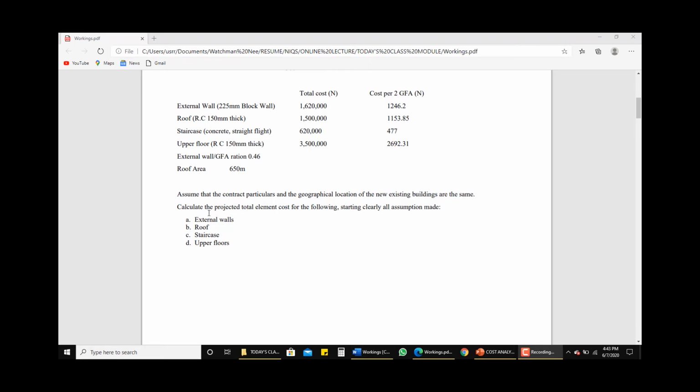Now we are to calculate for the new project a projected total element cost for external wall, roof, staircase, and upper floor, using this cost analysis of the existing, or what I could refer to as previous projects.